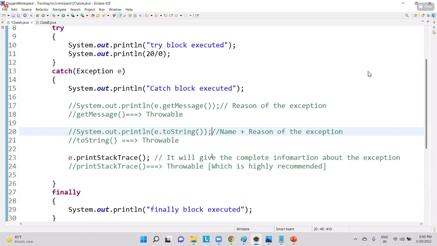Very good, Ahmed. Yeah, just a second, Ravi. Just a second.